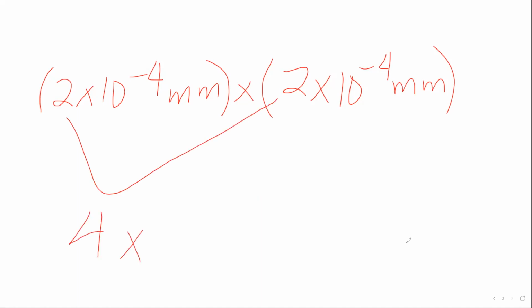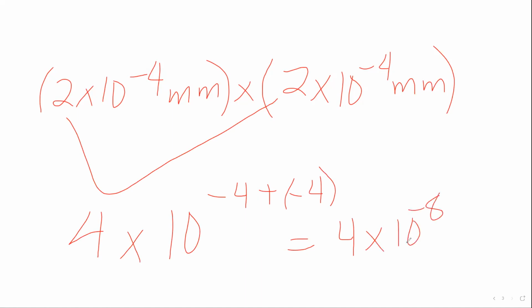And then we say we add. So it's going to be negative 4 plus negative 4. I know it's weird, but that's just how it would be, which is going to be equal to 4 times 10 to the negative 8, right? And that is millimeter square.